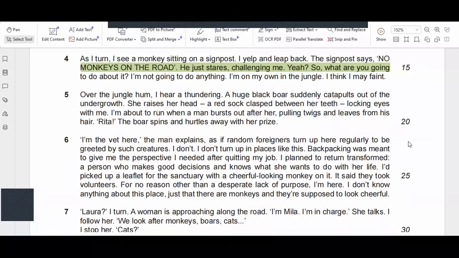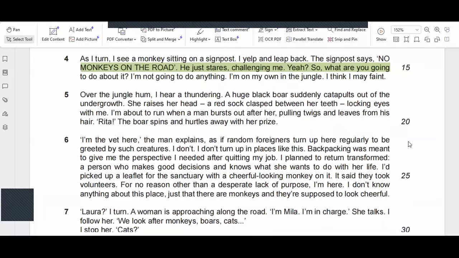So here the narrator is saying that over the constant background noises of the forest, she suddenly heard a very loud pounding sound. And out of nowhere, a very large, dark, wild pig shoots out from the thick bushes. She lifts her head, holding a very bright red piece of cloth in her mouth, and stares straight at the narrator.